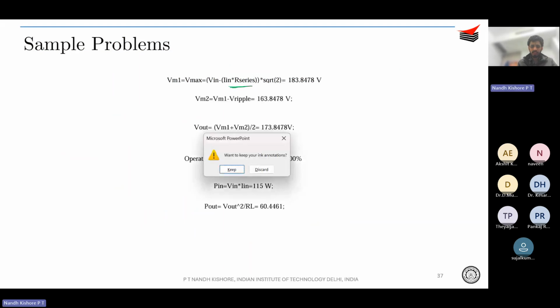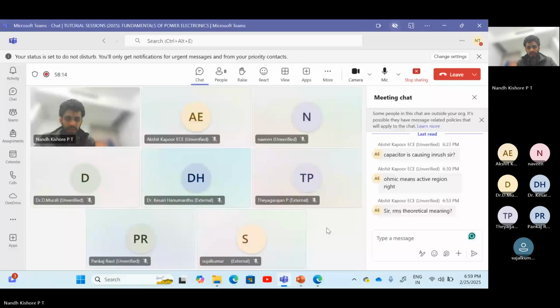Okay, so I'll just pause over here. Okay, so RMS theoretical meaning. You of course know by definition that it's the root mean square, right? That is, you take the square of the area and then take the mean of that and then take a root.